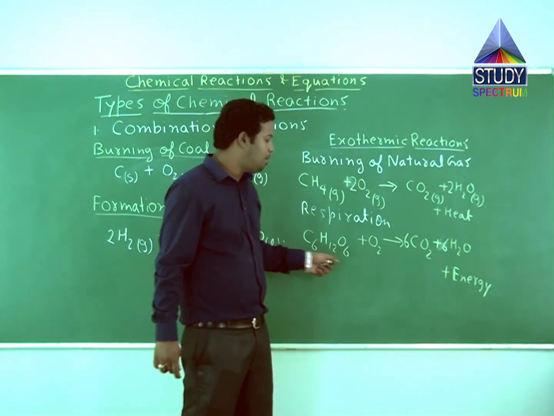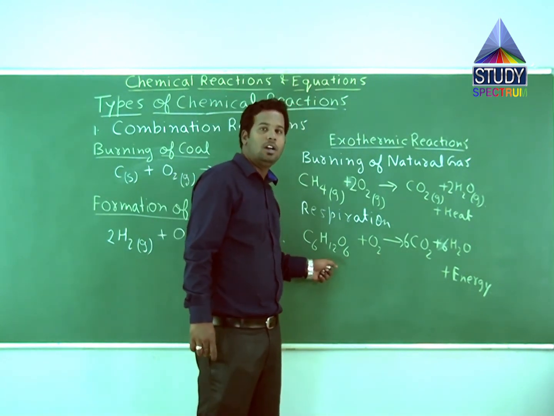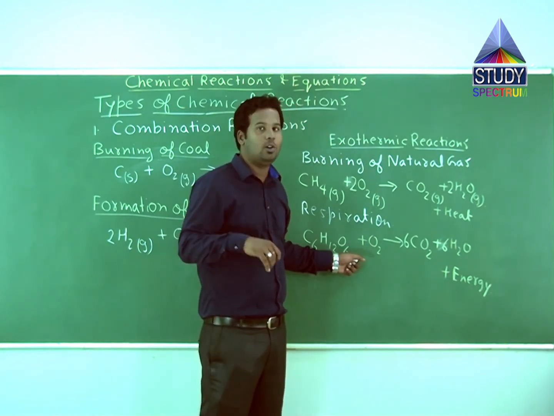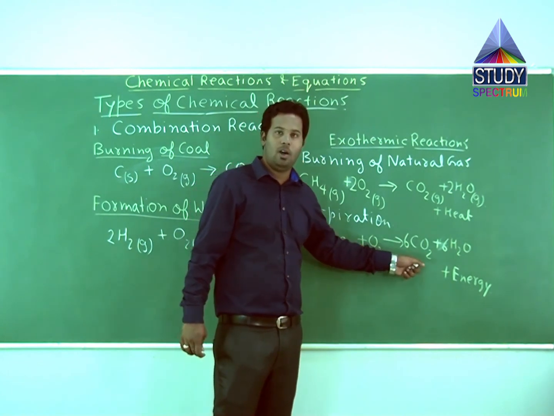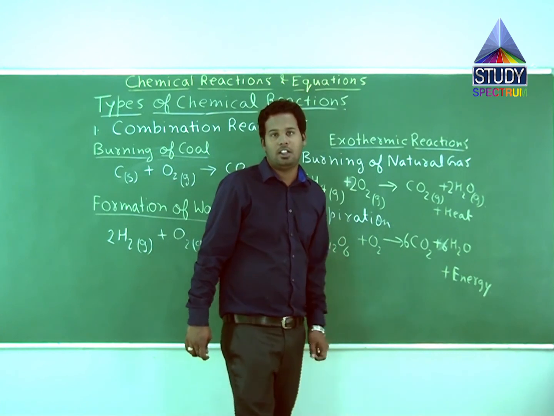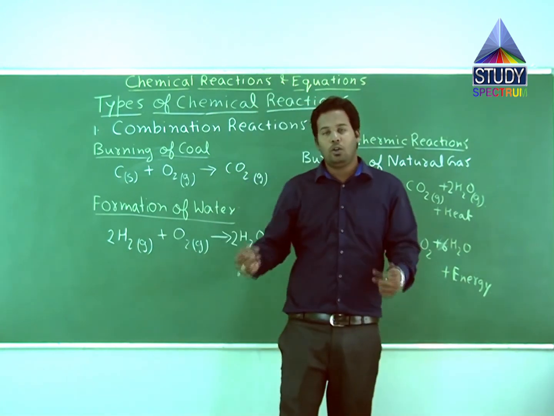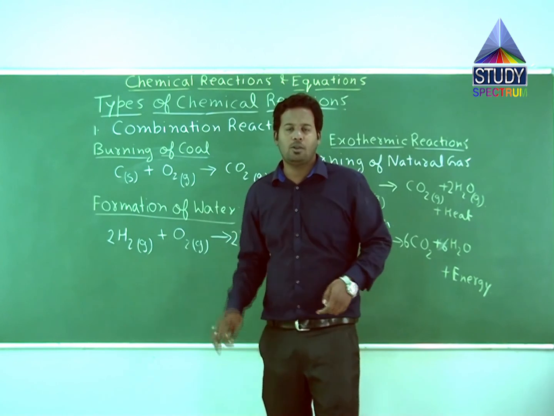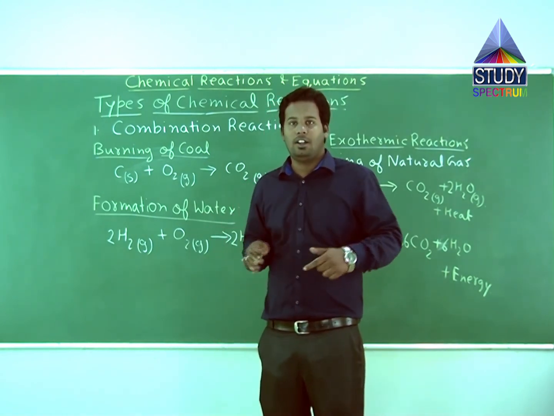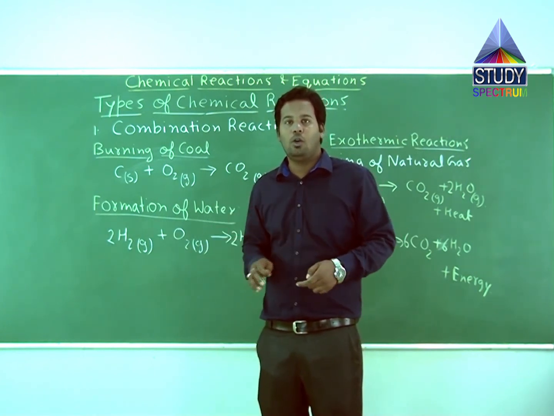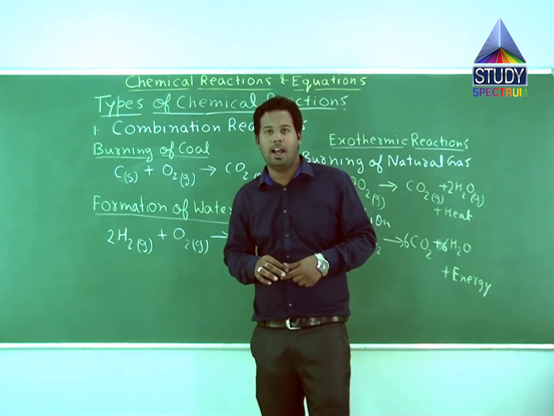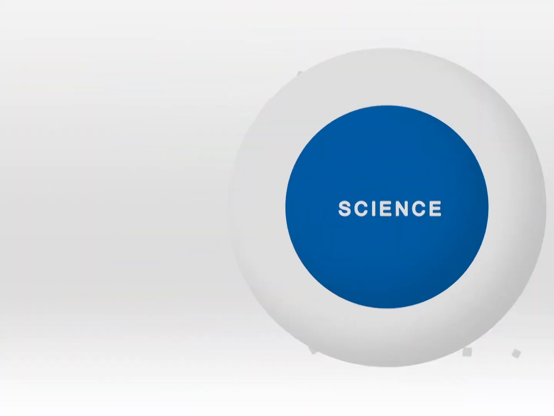Because glucose reacts with, or burns with, the oxygen which we inhale during respiration to form carbon dioxide, water and energy, and this energy helps us do different types of work. Also, if you decompose waste, vegetable waste, that also liberates heat. That can also be considered an example of an exothermic reaction.